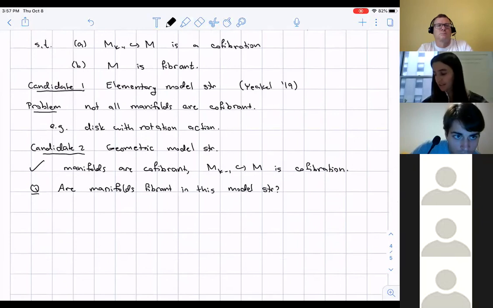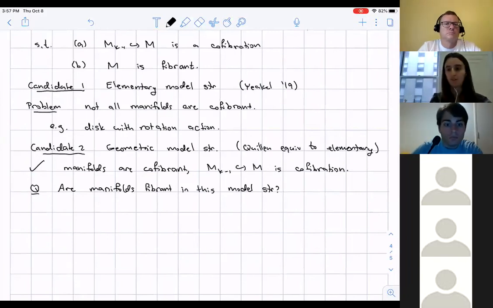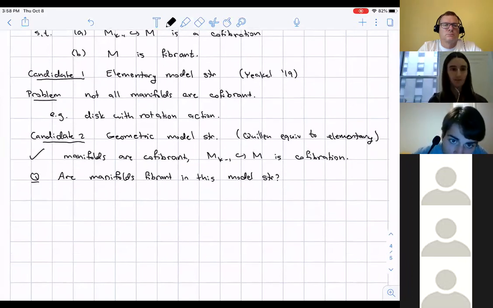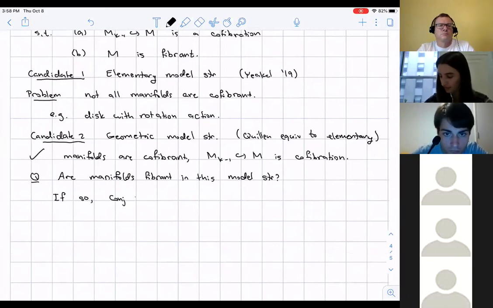So I should say this geometric model structure is Quillen equivalent to the elementary model structure. So it's describing the same homotopy theory of isovariant spaces, but we're hoping for it to have better fibrations and cofibrations to help us solve this fixed point problem. And so if manifolds are fibrant, then the conjecture is true.